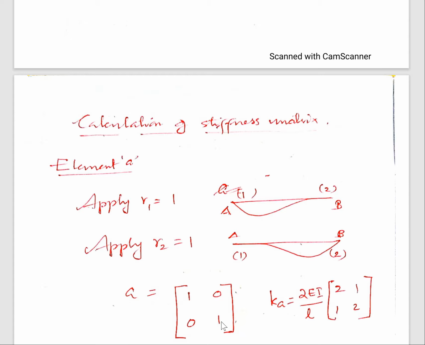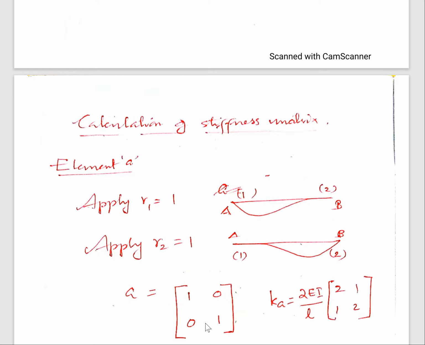So we have two columns. To obtain the first column, apply R1 equal to 1. Then the first coordinate is 1 and the second coordinate is 0. And when you apply R2 equal to 1, the first coordinate is 0 and the second coordinate is 1.